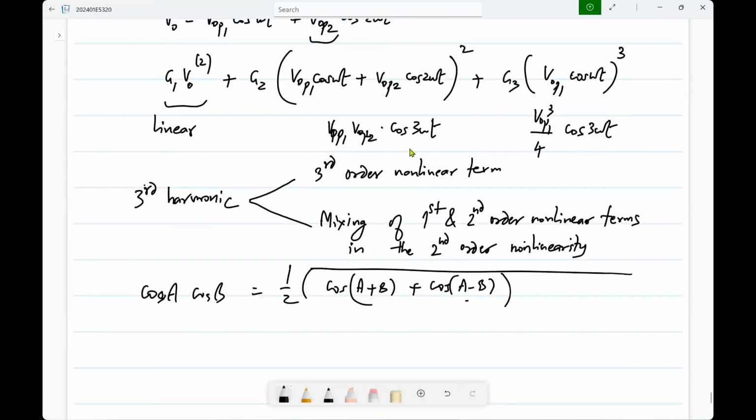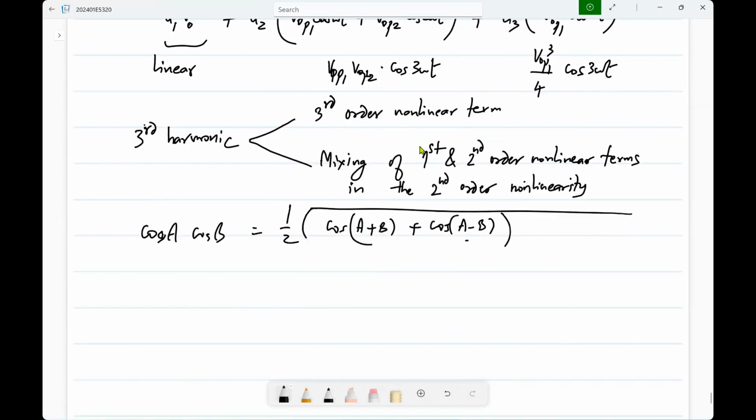So now, if you want to calculate the third order term, you will have to consider an incremental input, which is like this. This was what I called R1. And this part is 0.